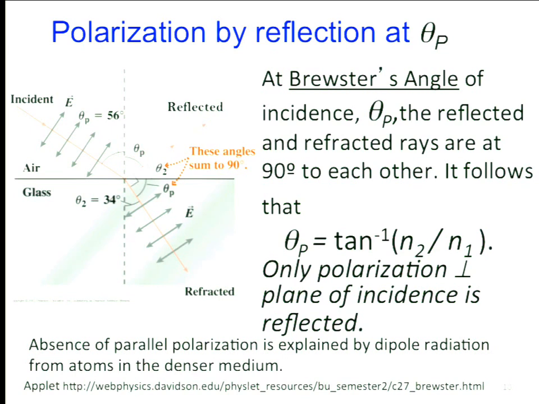The reason is because of this 90-degree angle here. The wave is vibrating the medium, and the vibrations that are vibrating this way, because this direction of reflection is at 90 degrees, it's along the axis of these vibrators, the material, and this does not radiate in that direction.